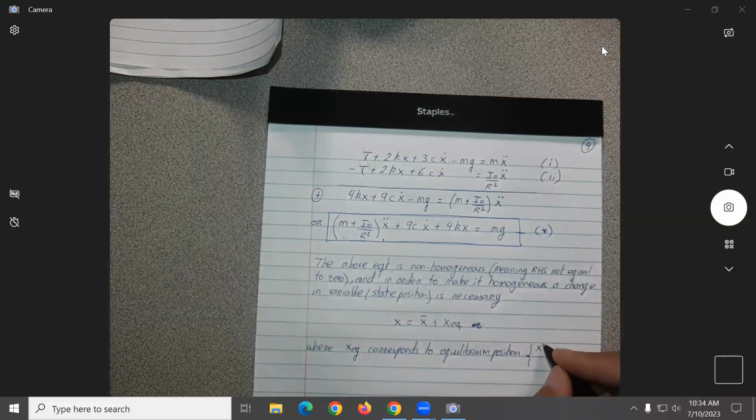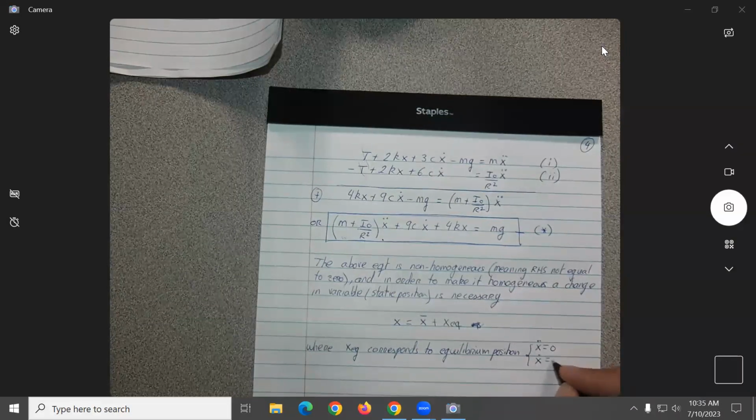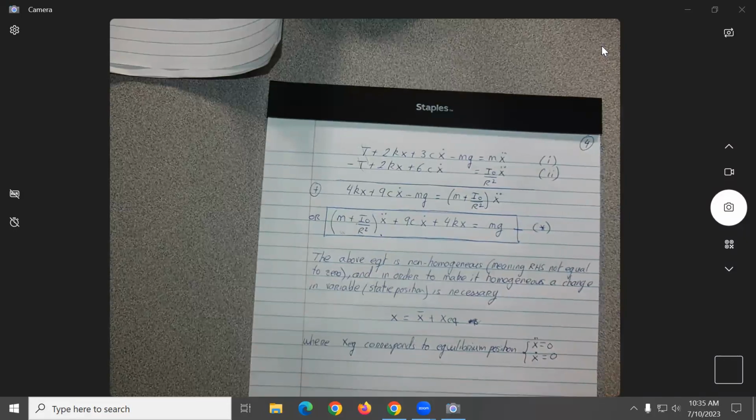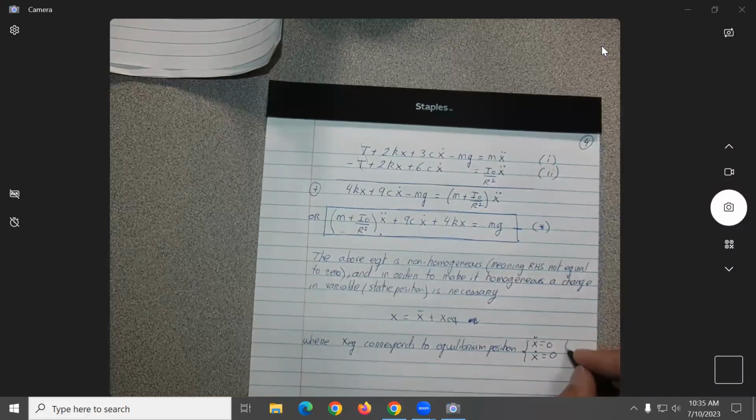So what happens at the equilibrium position? There is no motion, no? So acceleration is 0 and velocity will be 0 as well.